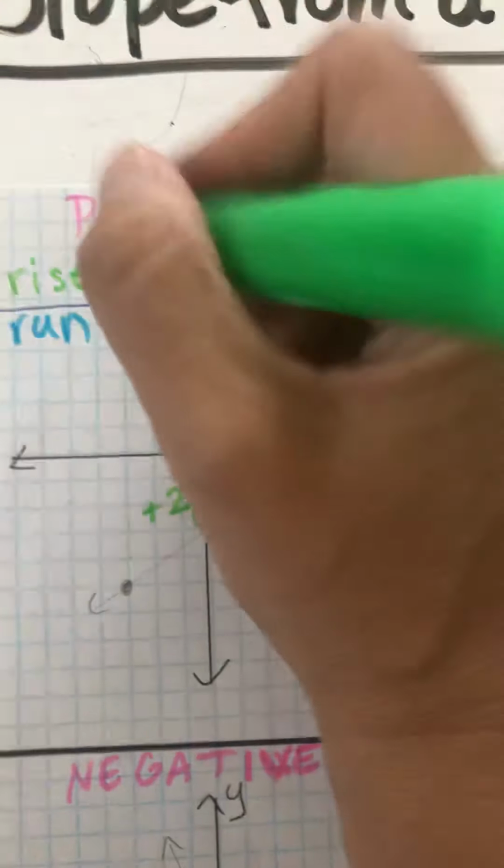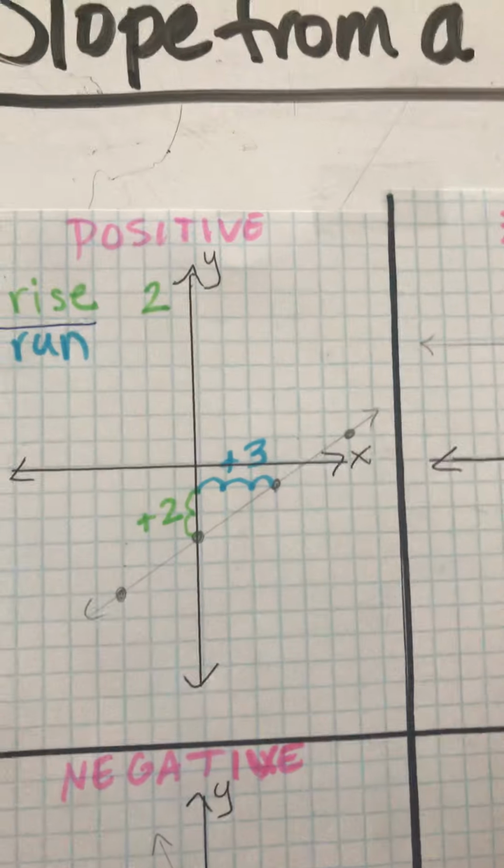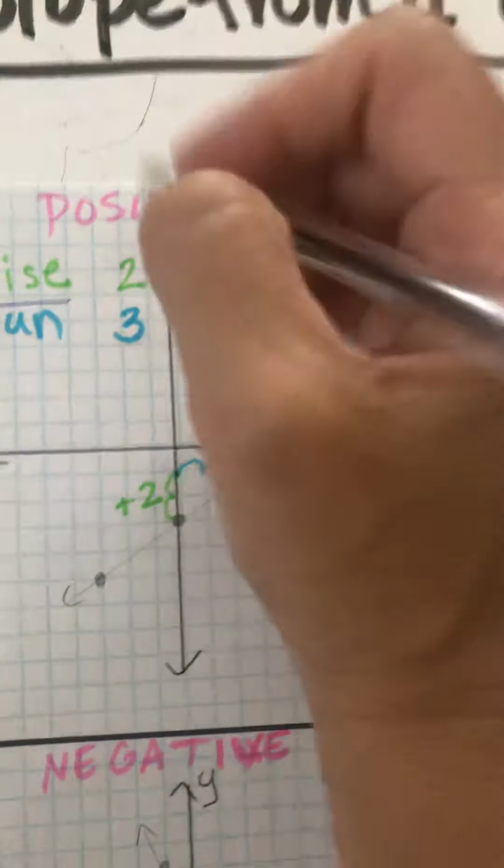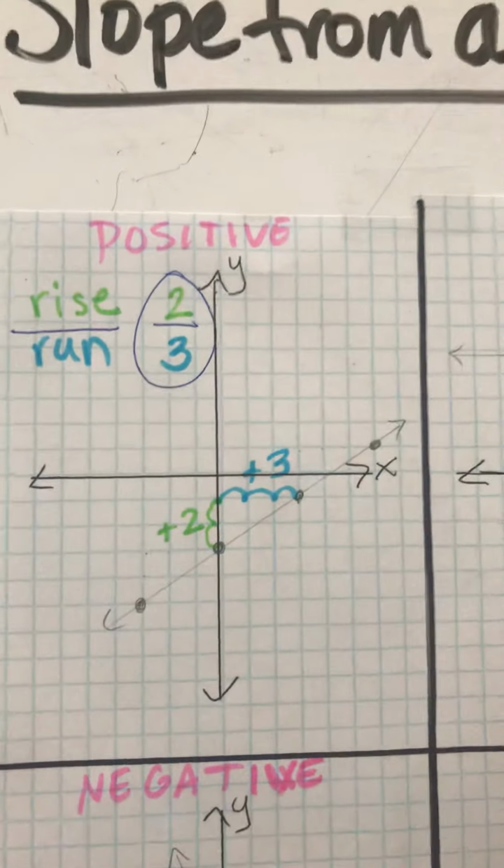So now you've got 2 over 3, and that is your slope, 2/3.